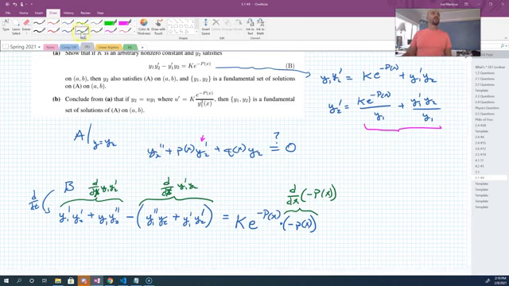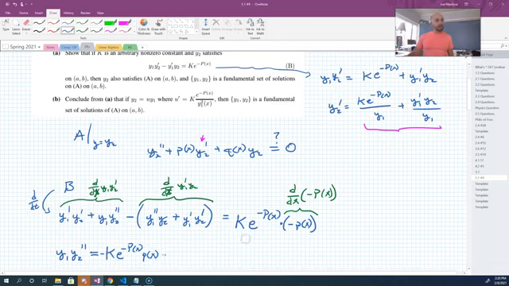So the way to find y2 double prime here is we're just going to solve. I've got just the one y2 double prime, so I'm going to leave that by itself. So y1 y2 double prime is going to equal, and on the other side I need everything else. So I've got k e to the minus p of x times, I guess I have minus k p of x times little p of x.